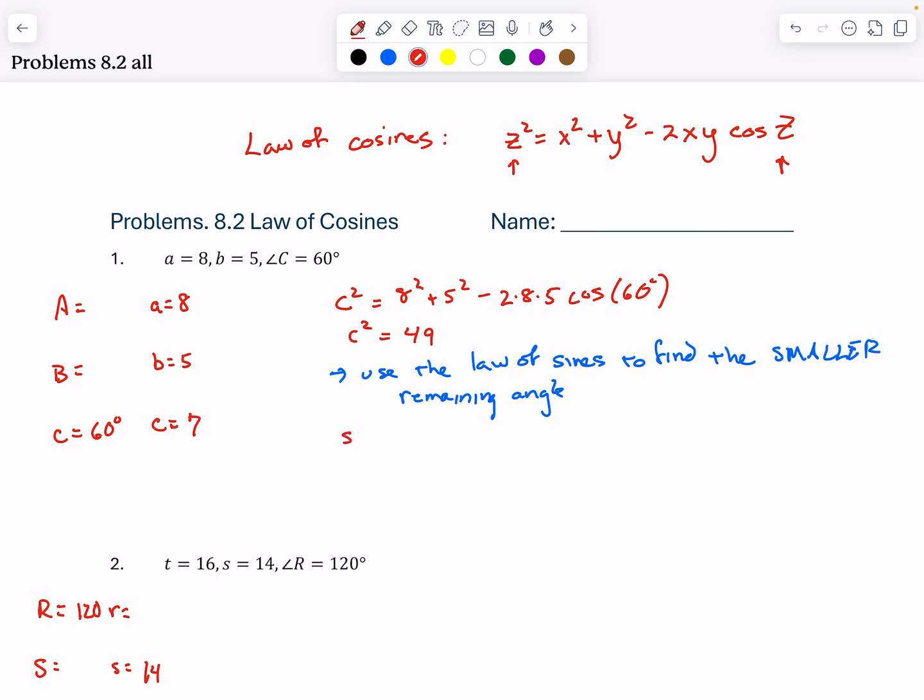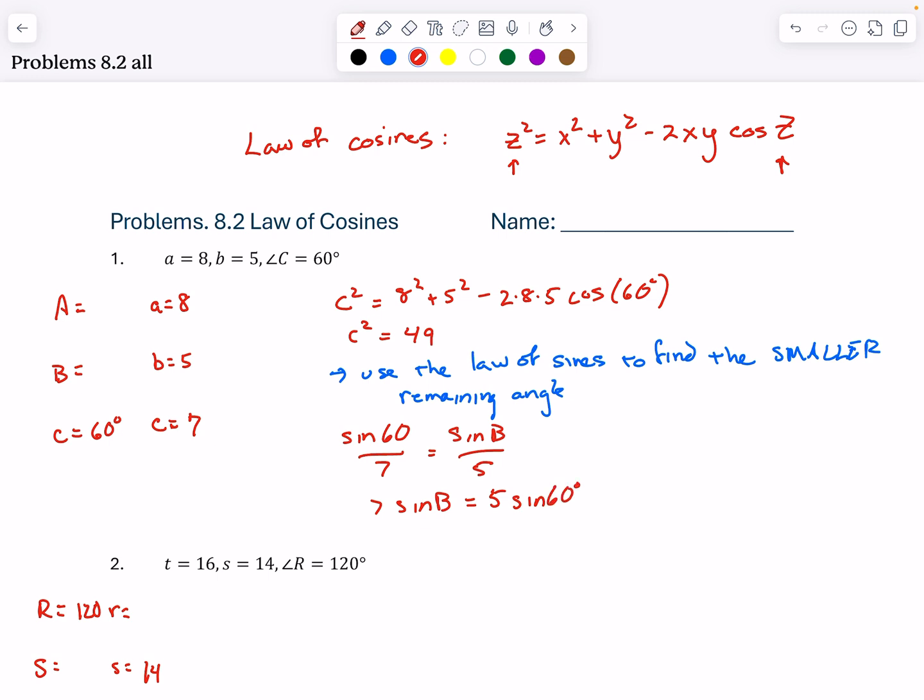I have sine 60 over 7 is sine B over 5. Cross multiplying, you have 7 sine B equals 5 sine 60.